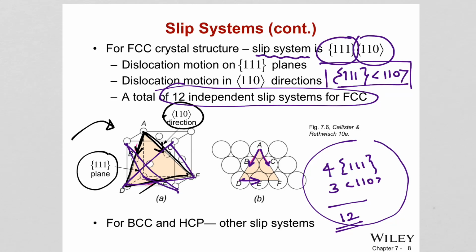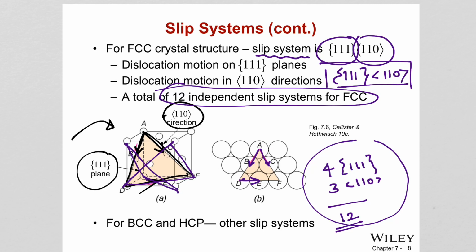Now at this point, I suggest you go to table 7.1 in your book, and then you will see what the possible slip systems are for other crystal structures like BCC and HCP. In BCC, slip can happen on more than one family of planes.